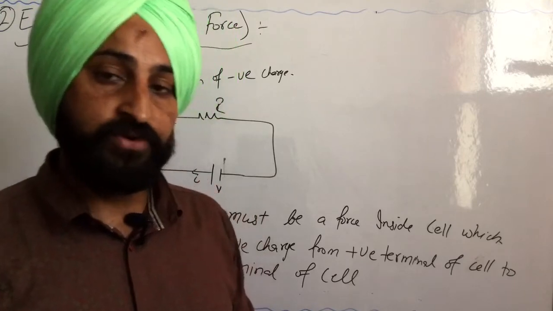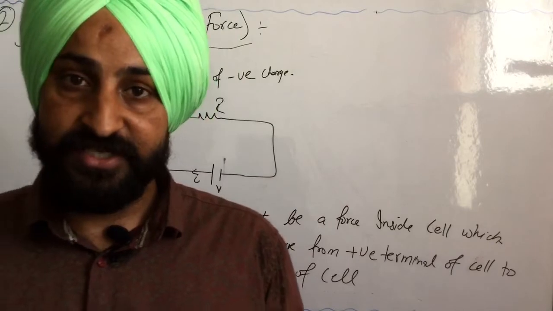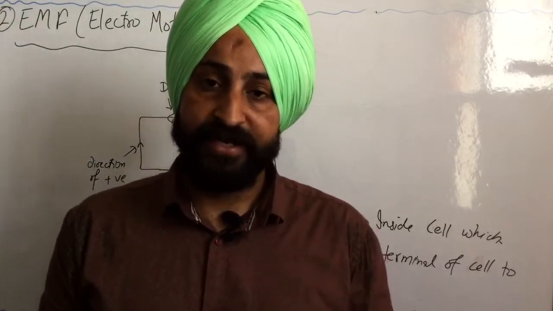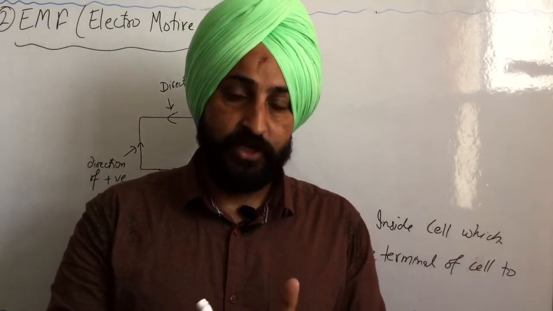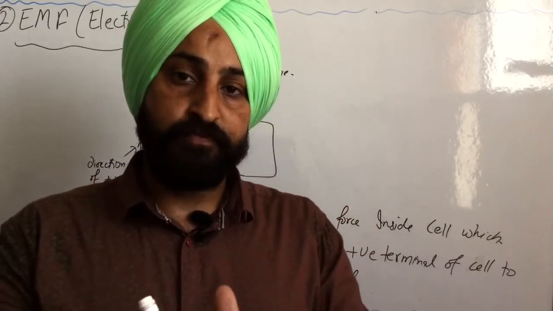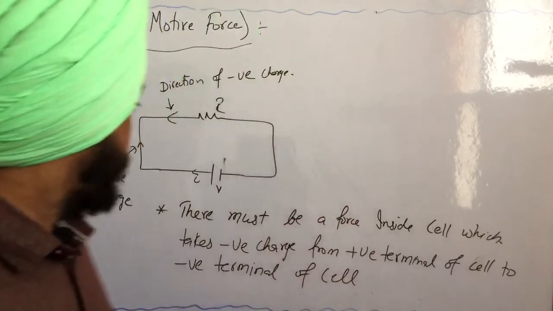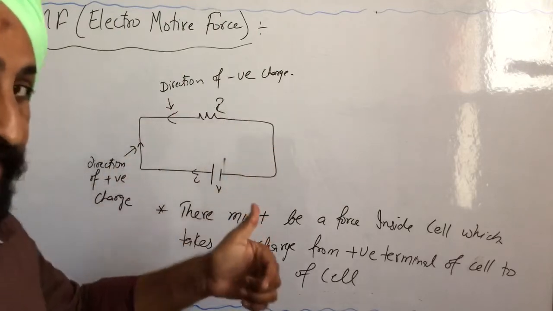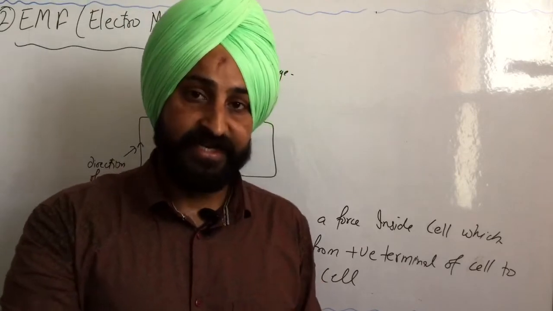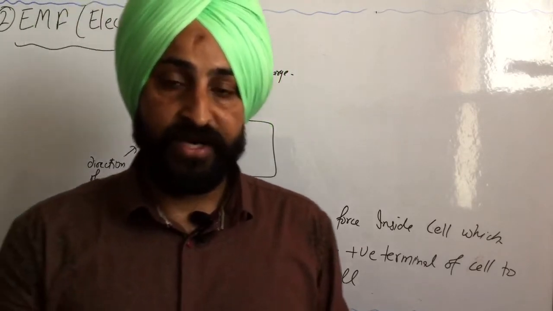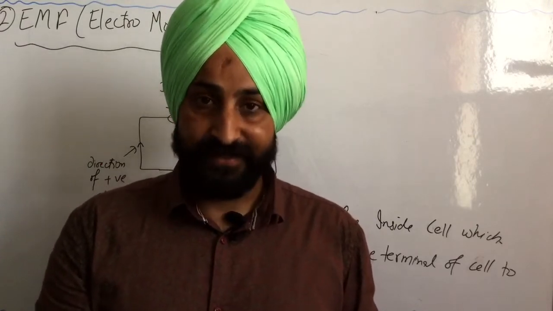So electromotive force is basically keeping your positive terminal free from negative charges, similarly keeping your negative terminal free from positive charges. Electromotive force is basically doing work to keep your positive terminal positive and your negative terminal negative. So current will always flow from positive to negative, but the force behind the stage which is acting is the electromotive force. So electromotive force is keeping the potential difference of the battery intact.